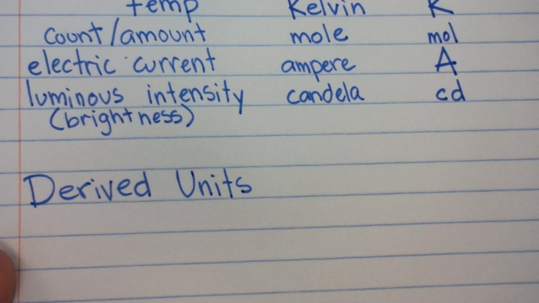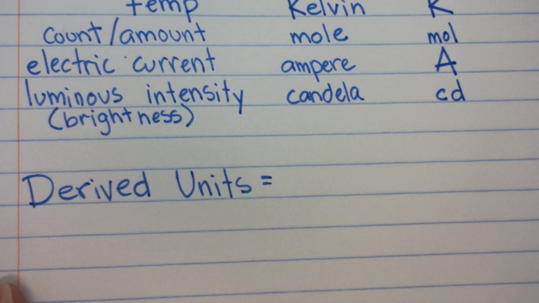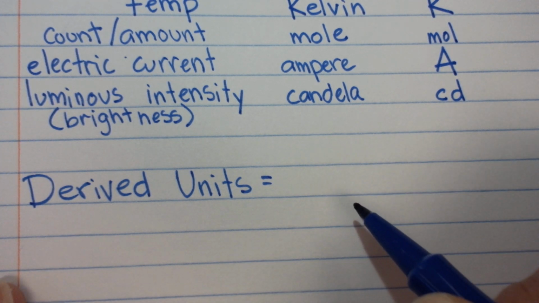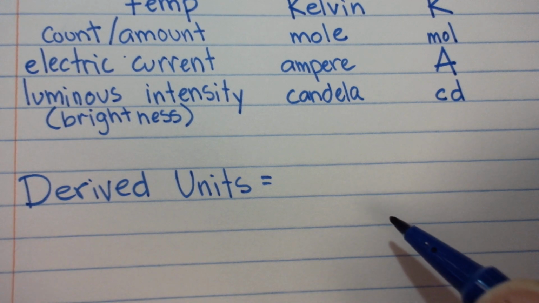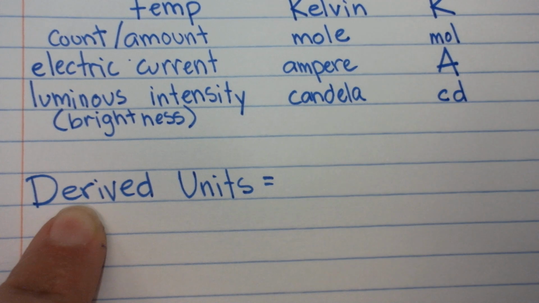What does the word derived mean? What do you think? If I derive a conclusion, what am I doing? Finding it, okay, that's a good way to start. Derived units are units that are come up with using math. If we derive a conclusion, we're using evidence to come up with that conclusion.